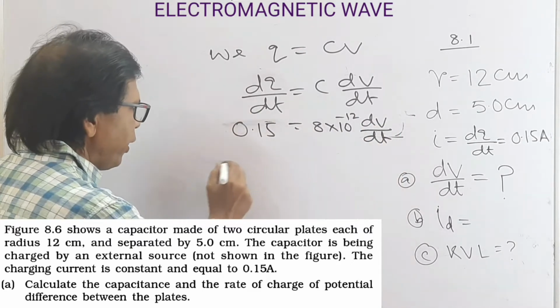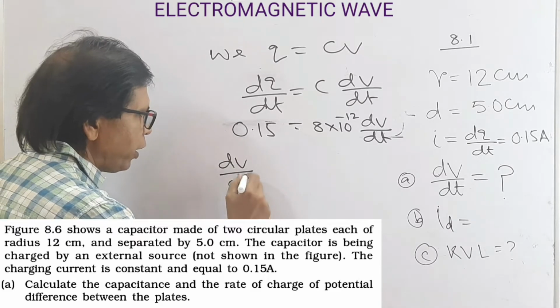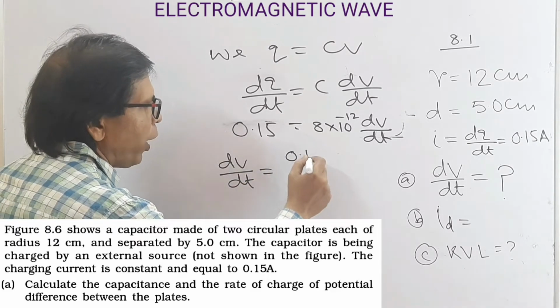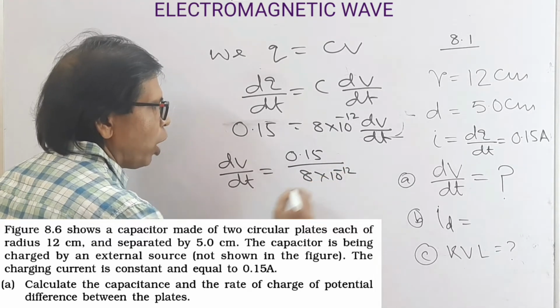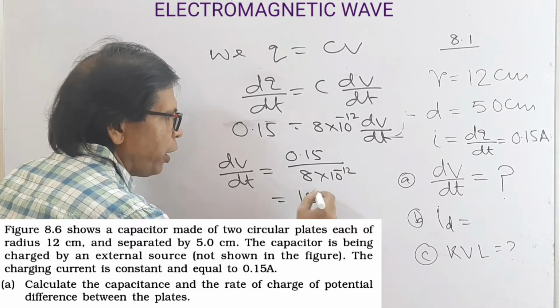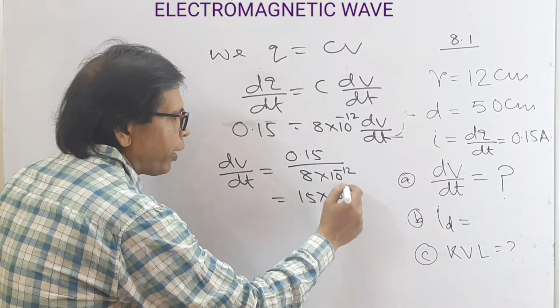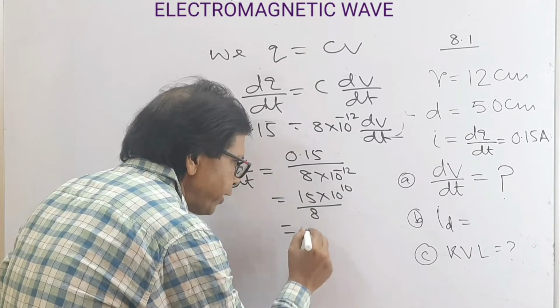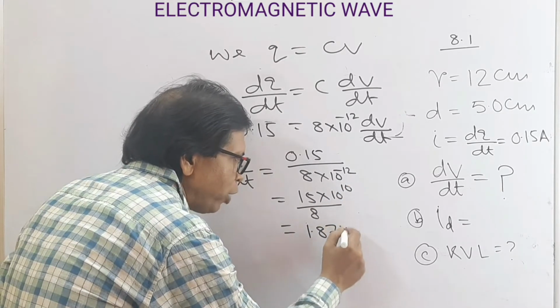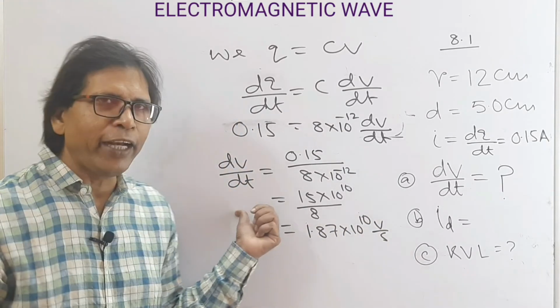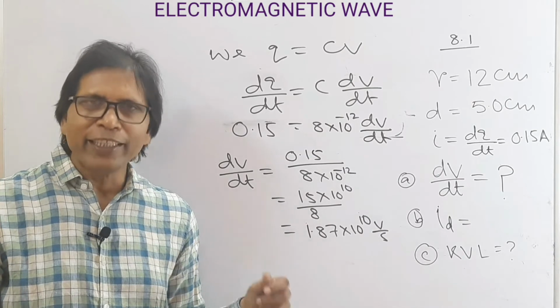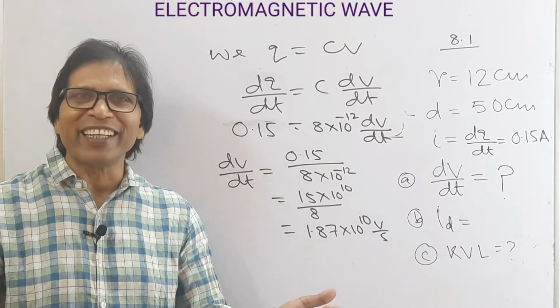Now look at this, dV/dt equals 0.15 divided by 8 into 10 to the power minus 12. So this is 15 into 10 to the power 10 divided by 8, which is 1.87 into 10 to the power 10 volt per second, the rate of increase of potential.